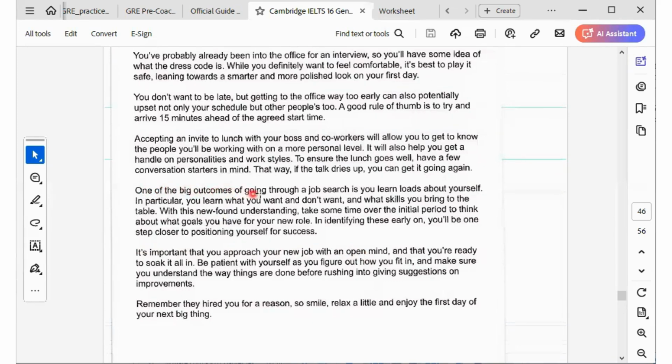One of the big outcomes of going through a job search is you learn loads about yourself. In particular, you learn what you want and what you don't want. With this newfound understanding, take the time over the initial period, okay? You'll be one step closer. I can't say anything about first week here. It is important to approach your new job with an open mind.